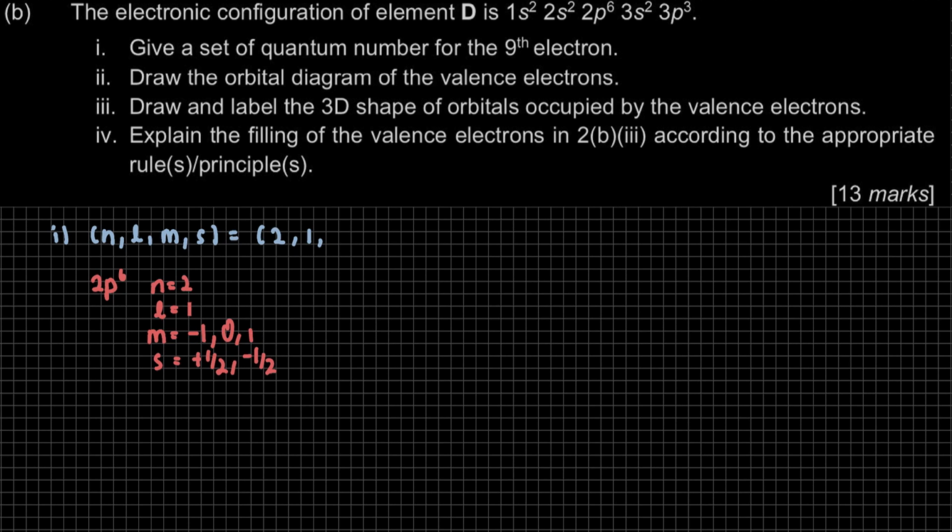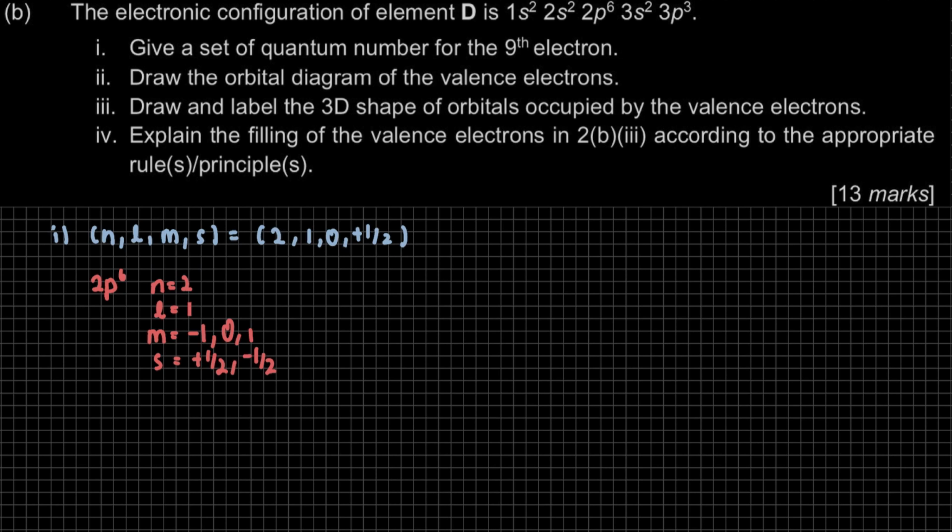So I'm just gonna take 0. S could only be positive half or negative half. Okay, so I'm just going to take positive half. Okay, so this is my set of quantum number. Again, this is a set, so it must be specific. If you write down in terms of this one, this is the possibility. Okay, so this is not yet the quantum number. So you have to be specific. Okay, a set only one.